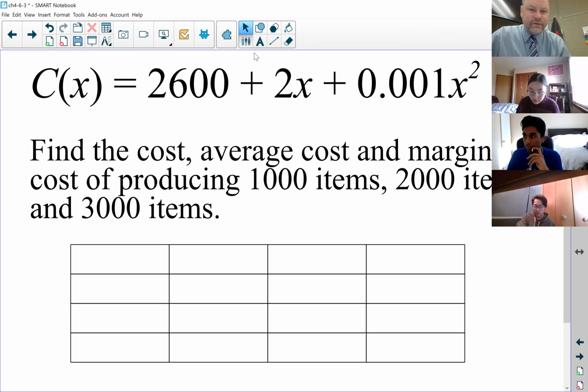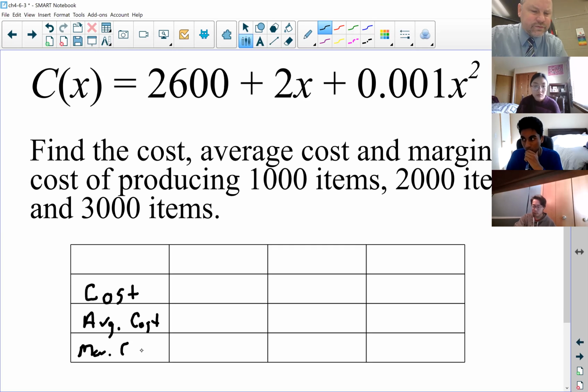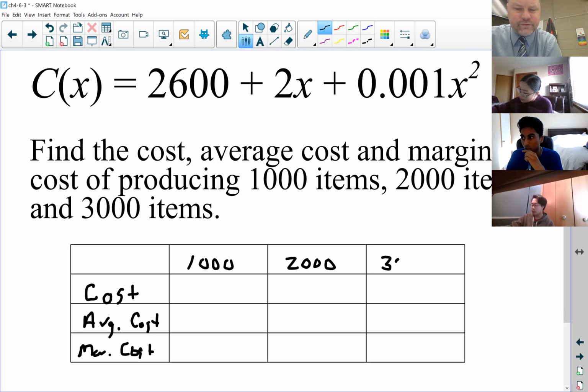And we're going to have cost, average cost, and marginal cost at 1,000, 2,000, and 3,000 items.